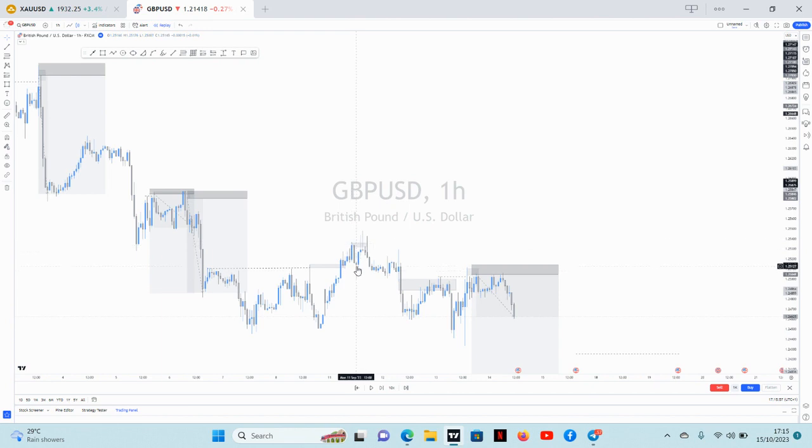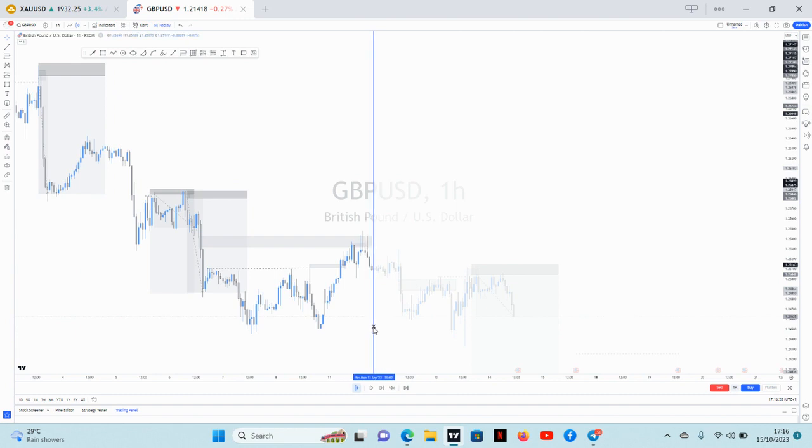It gave another market structure shift here, and then it fell. But it then swept this third high, which was still inside this fair value gap. But then it gave a market structure shift. I was no longer interested in taking the trade because it had already failed twice.